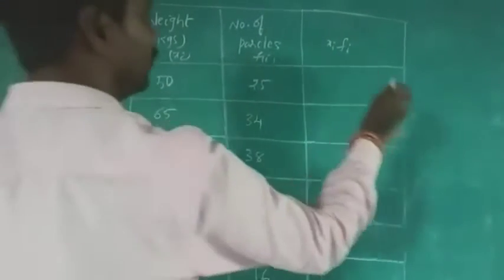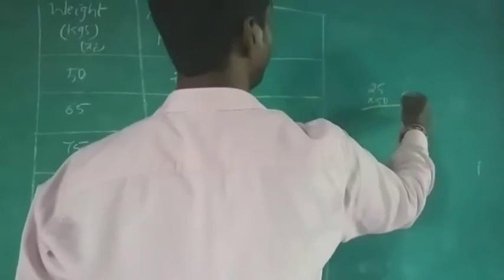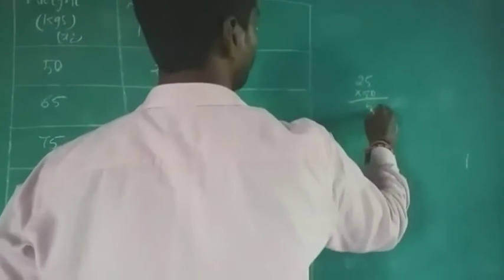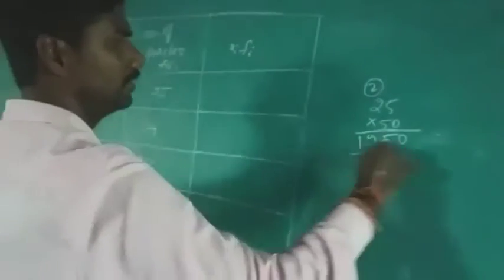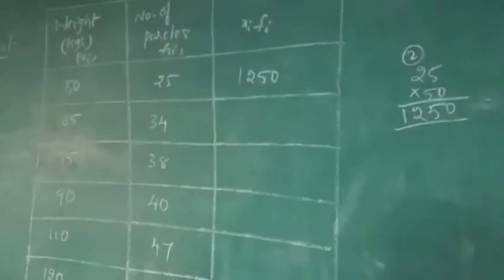5 times 25 into 50: 5 by the 25 to carry, 5 twos are 10, 12 and 0. So what will you write? 1250.